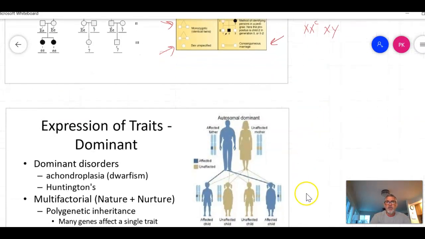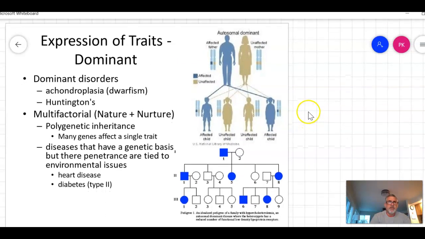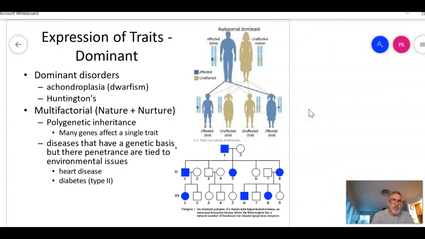All right, so let's just go through a couple different things. Dominant traits, and this one I'm going to tell you because it's important. There's a couple different ones, and I'll give you a list of diseases you want to look at.